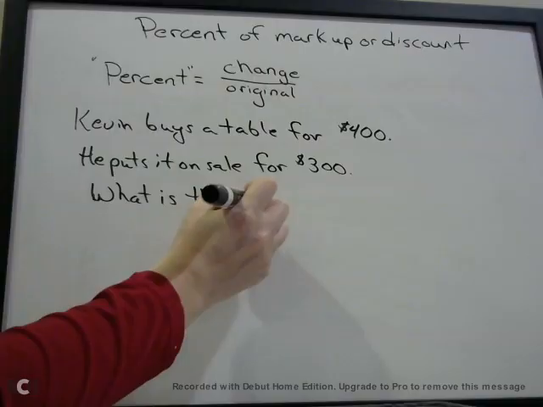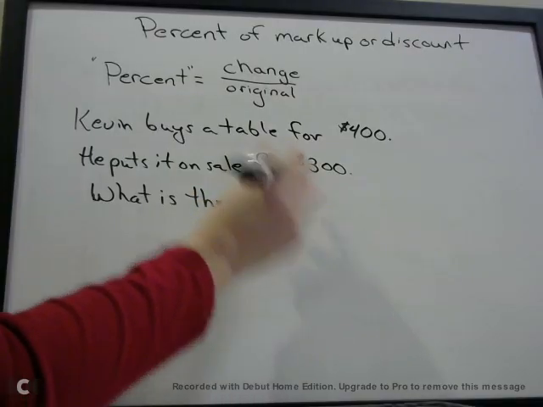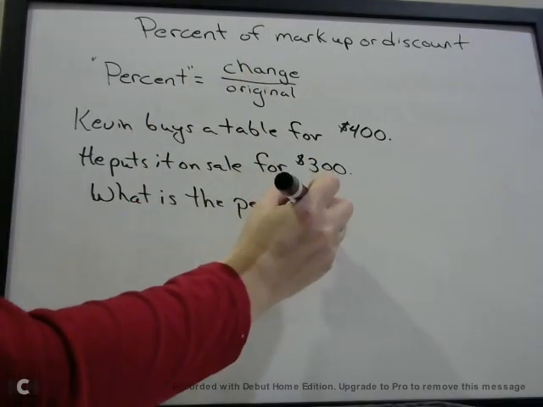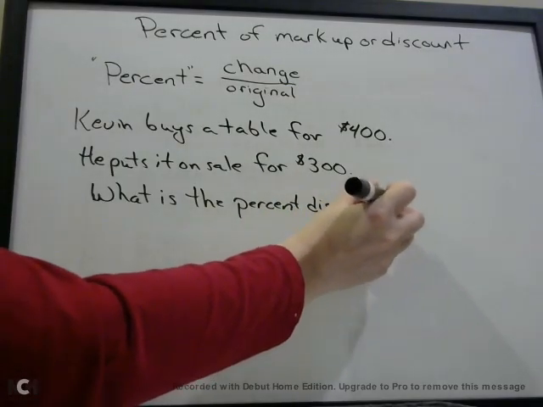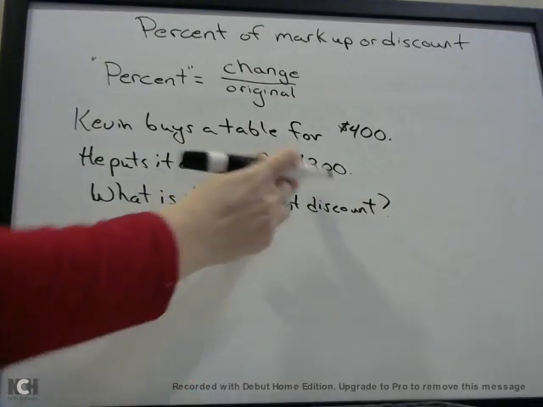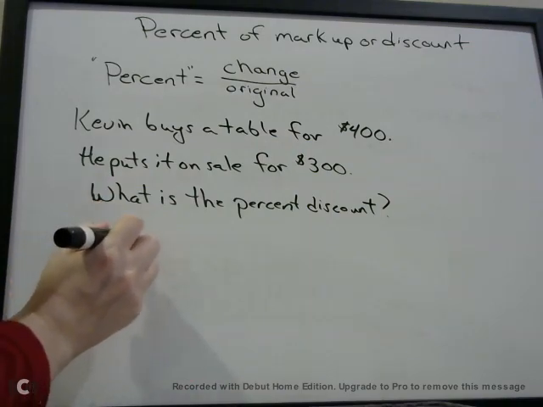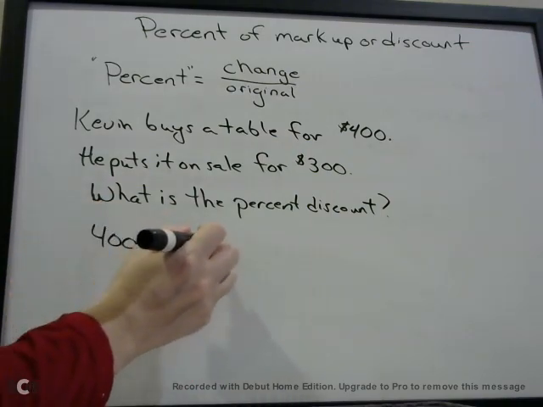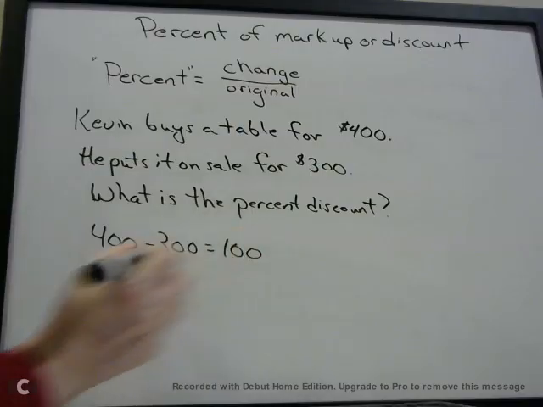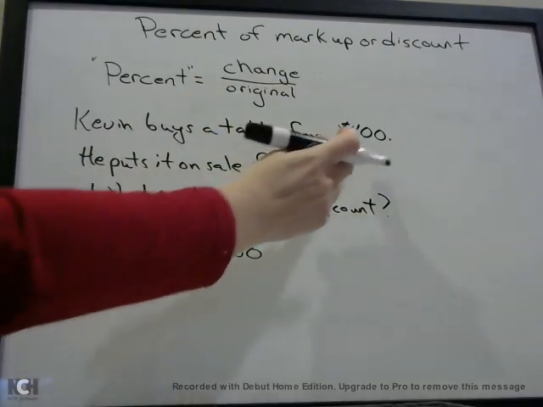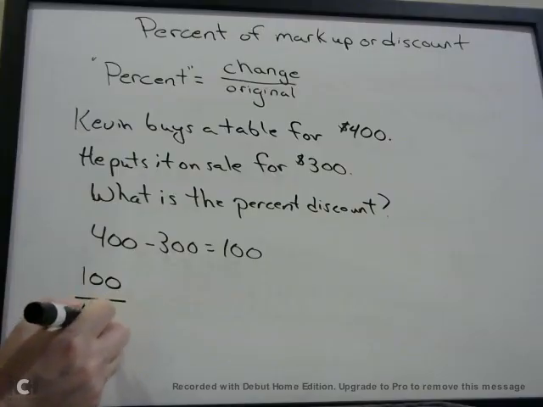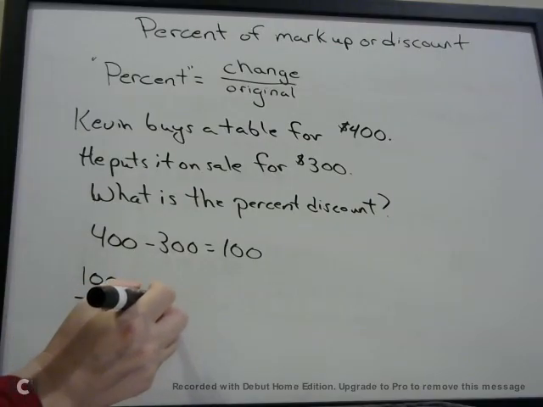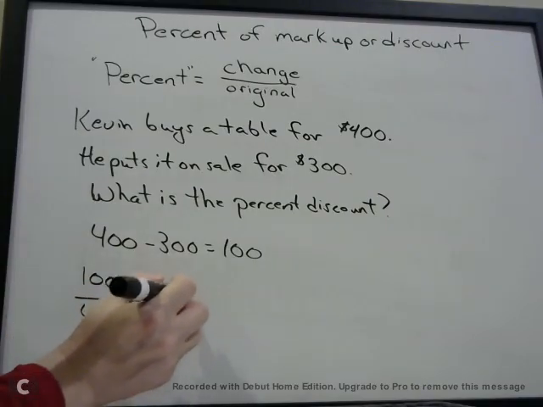So when you see the word percent discount, percent markup, that's this thing that we're doing right here. So what's the change? You went from $400 to $300. That's a change of $100. What was the original price? He bought it for $400. 100 divided by 400 equals 0.25.